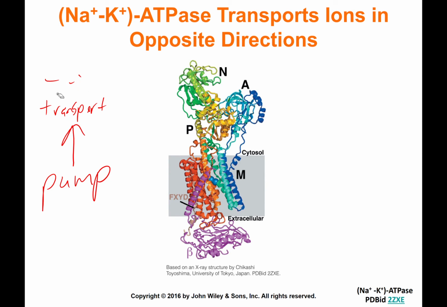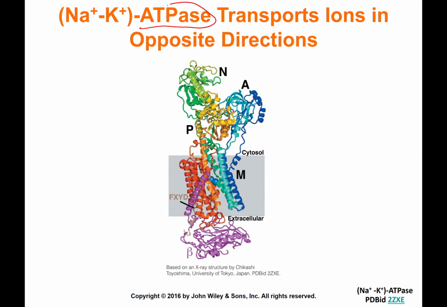So the molecule or the protein that's shown here is a sodium potassium pump, or sodium potassium ATPase, as the book is going to call it. The ATPase basically says that it's going to hydrolyze ATP and use that energy to cause the transport of these ions. This particular protein has transmembrane domains here, which are going to form a pore to allow these ions to cross from one side to another.